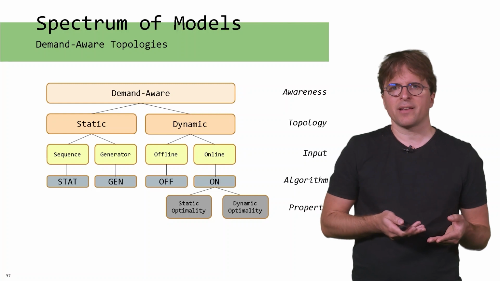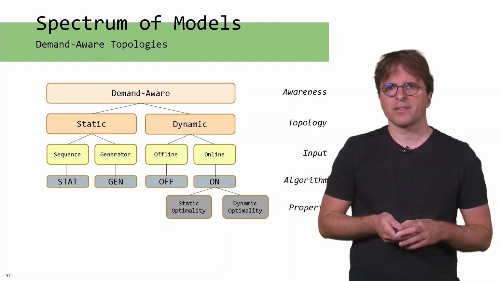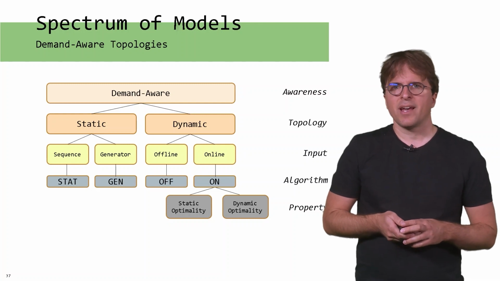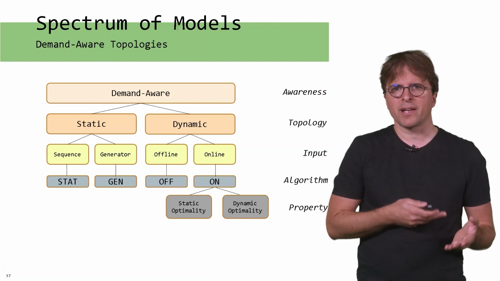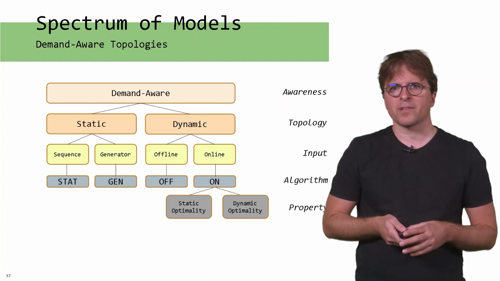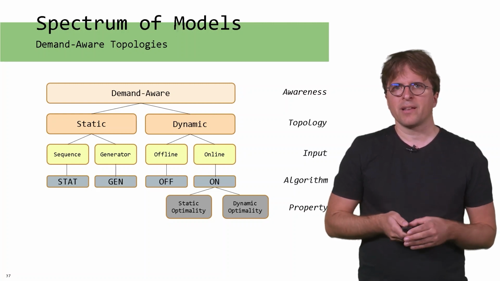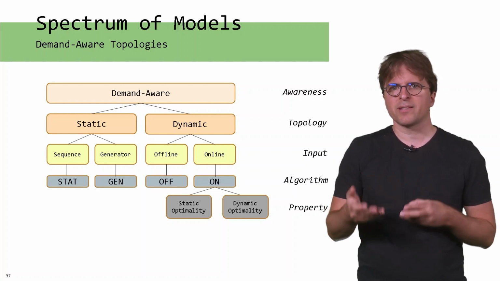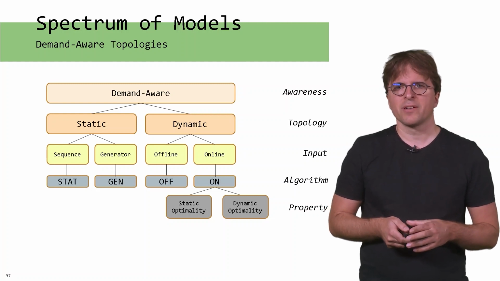And we can design a network that is optimized towards this offline demand sequence. And we could also have the other extreme, where like the input is not known at all ahead of time. And the online algorithm is completely agnostic to the future, so it needs to kind of adapt in a dynamic manner in an online fashion.